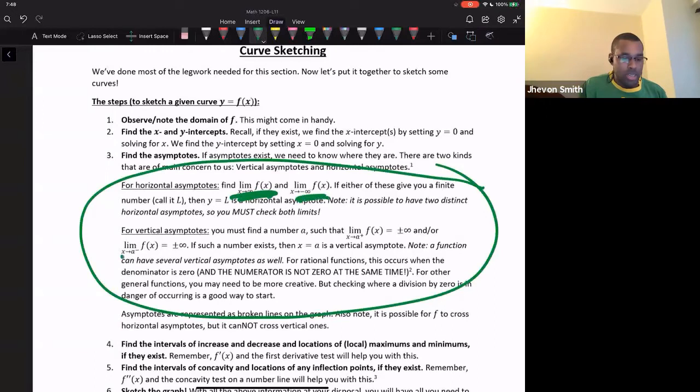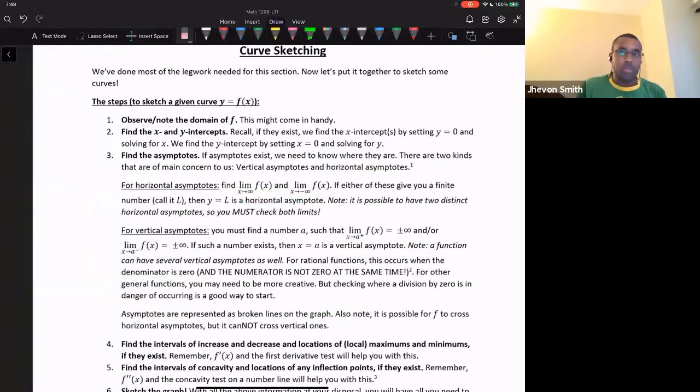To find the vertical asymptote, it's either this or this that has to happen, and you just want to make sure that the denominator is 0 and the numerator is not 0 at the same time. Okay, cool. That's basically saying, once you reduce it, you still have 0 in the denominator. So that's the third thing: you're going to find the asymptotes by doing those calculations I mentioned earlier.